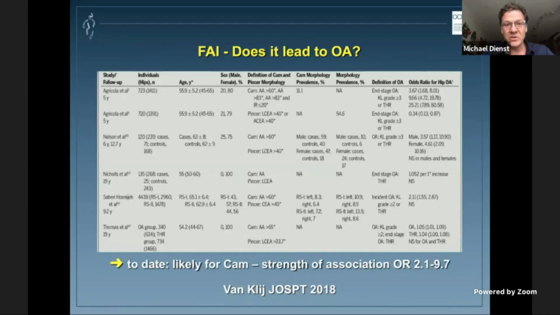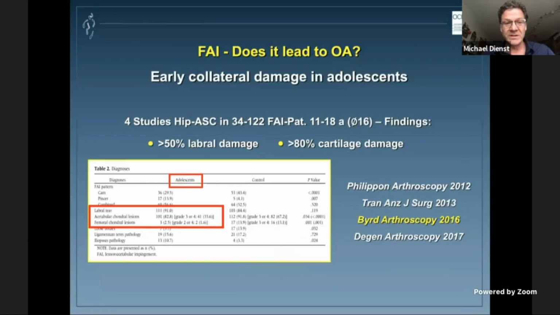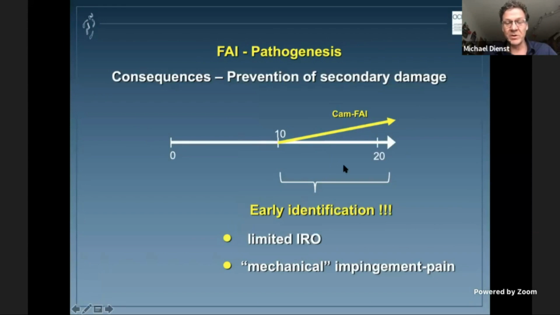So the question is: is FAI leading to osteoarthritis? To date, there is a strong association for cam. However, we have no evidence so far for pincer FAI. In adolescence, there are several papers already showing that in young athletes, in young patients aged 11 through 18, we find more than 50% labral cartilage damage, more than 80% cartilage damage also in these young athletes with cam deformity.